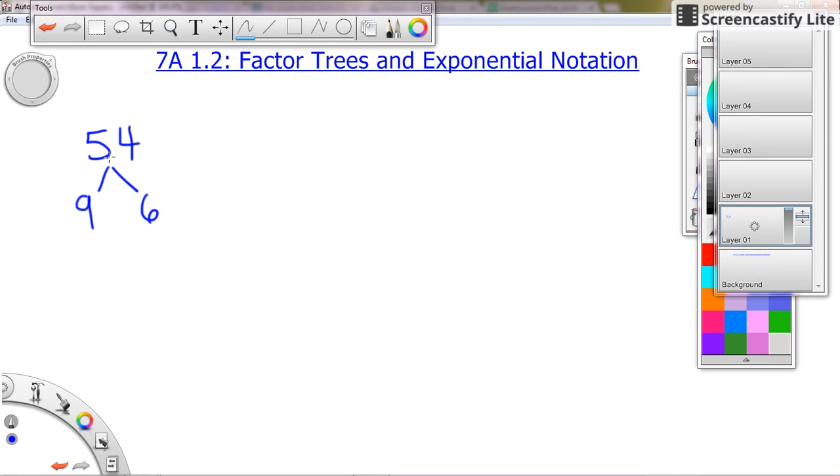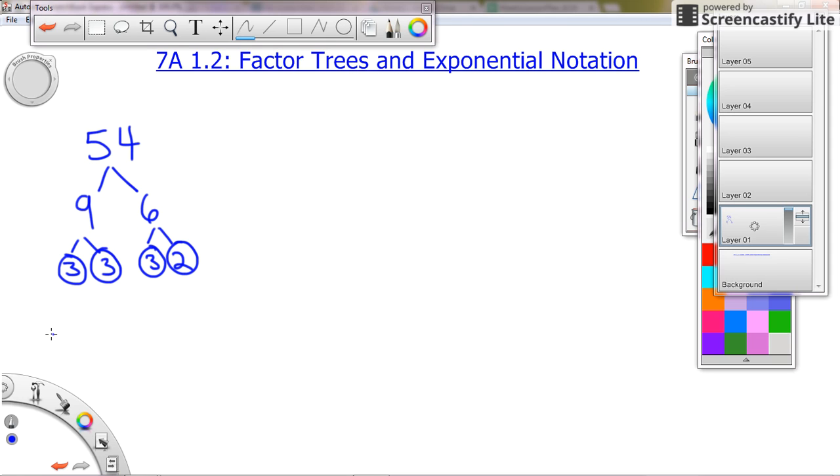Now the next thing I need to do is keep factoring these numbers in my factor tree until I get down to prime numbers. 9 is not prime, 6 is not prime, so I have to keep going. 9 is 3 times 3. 6 is going to be 3 times 2. The next step is we're going to circle our prime factors, all our prime numbers. 1, 2, 3 threes, and 1 two.